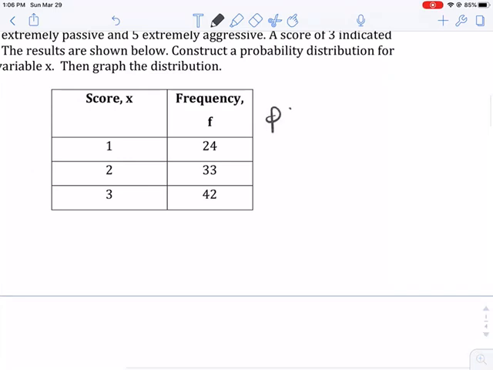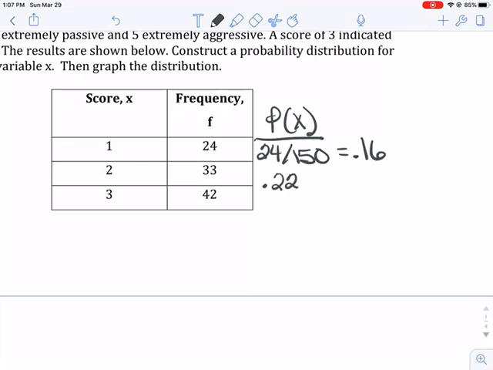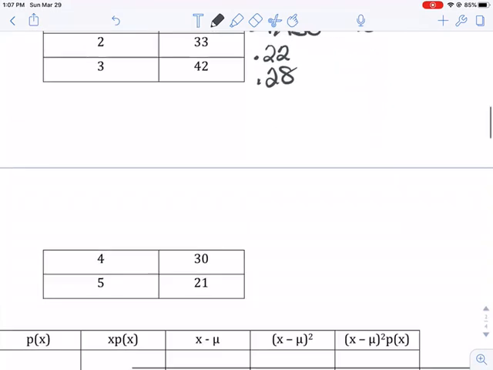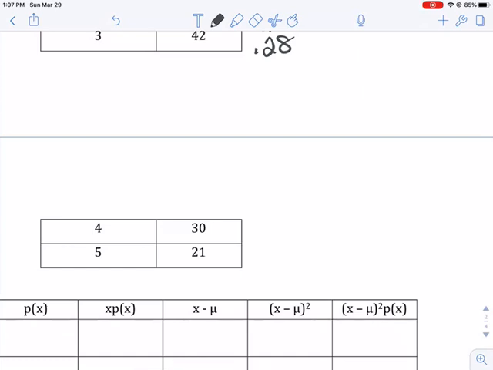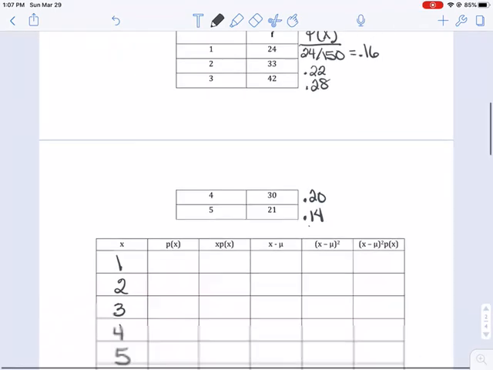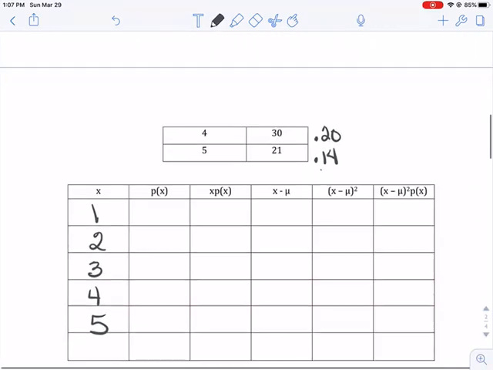So our p of x's, when we created this yesterday, was 24 divided by 150. Okay, so when we did this the other day, this is what we got when we did that division. Okay, so we're going to take those p of x's and add them into the chart.